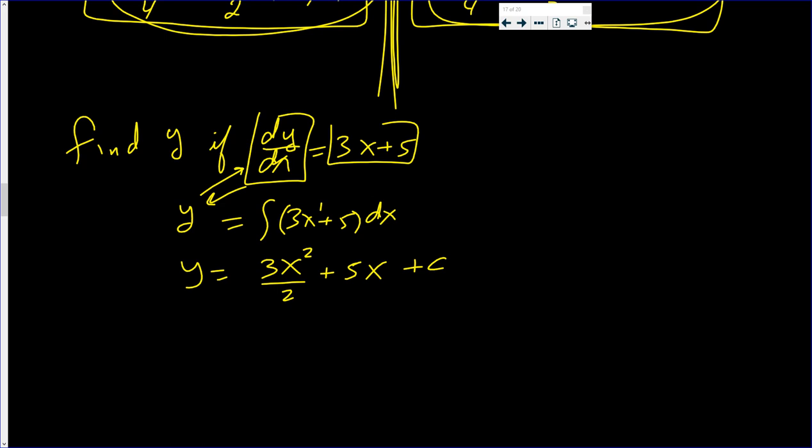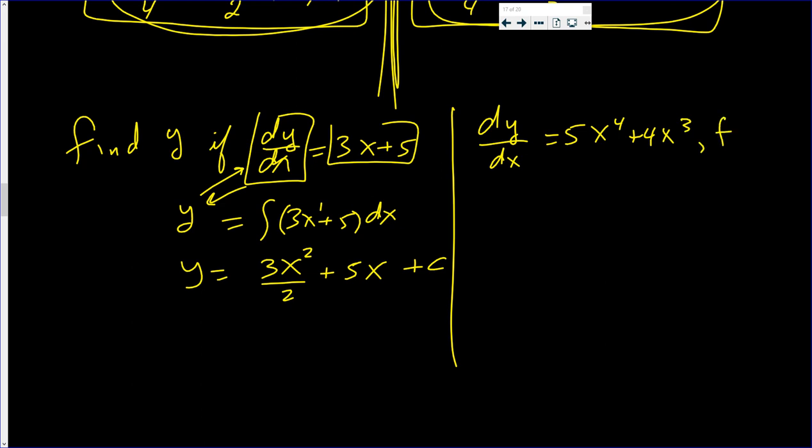Okay. Now, here's a good problem. dy dx is equal to 5x to the fourth plus 4x cubed.